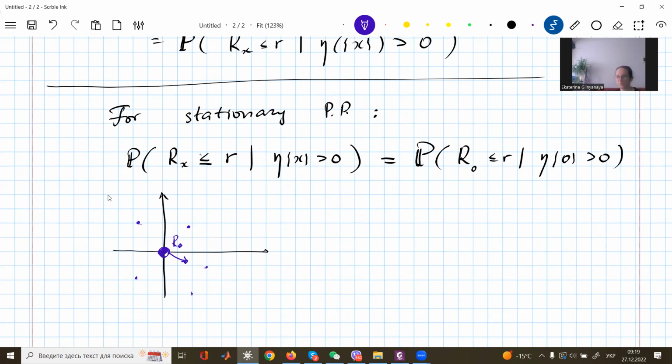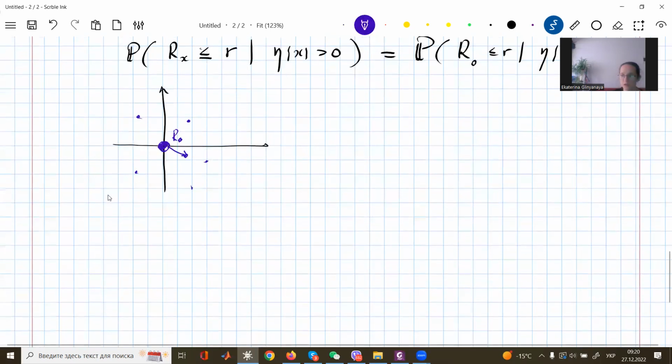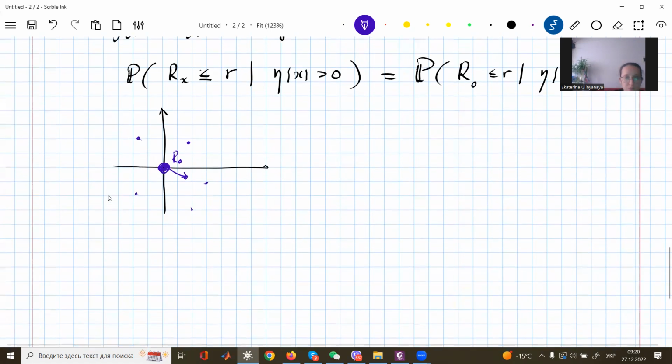And for example, if we consider a stationary Poisson point process, we can try to find this conditional distribution by considering a sequence of decreasing balls that shrinks to the origin.